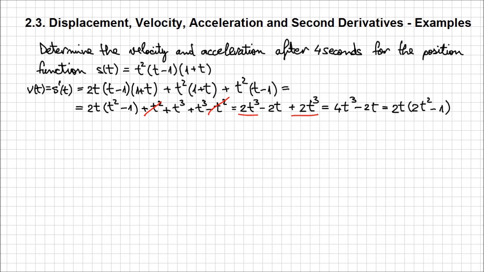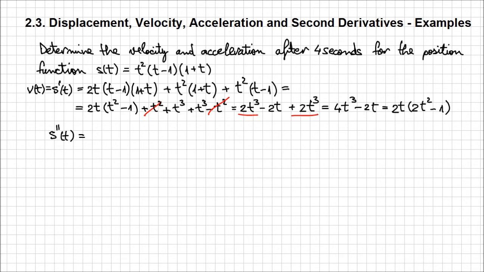Now let's calculate the second derivative for this position function, which is after all nothing else than the derivative of s prime of t. Let's calculate because the expression is so much easier to approach now. We have the derivative of that expression, 4t to the power 3 minus 2t, the expression we just found earlier.